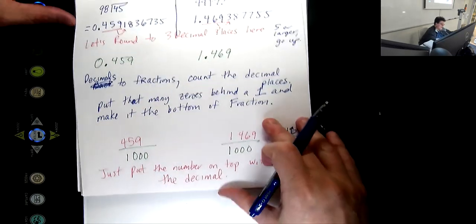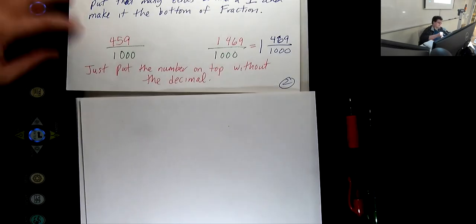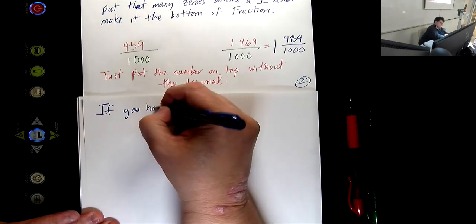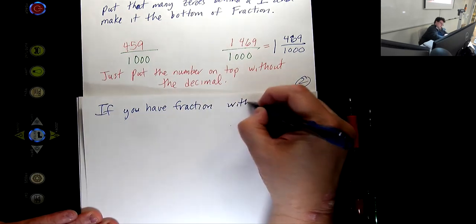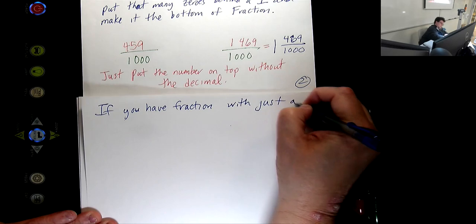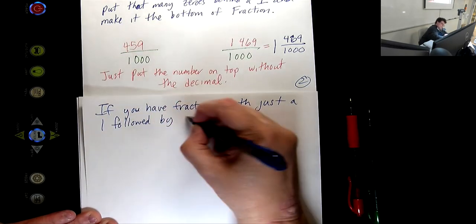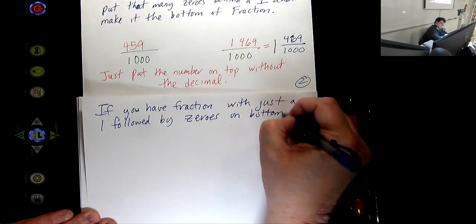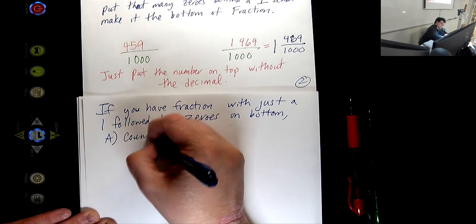If I want to go the other direction, if you have a fraction with just a 1 followed by zeros on the bottom, count the zeros.